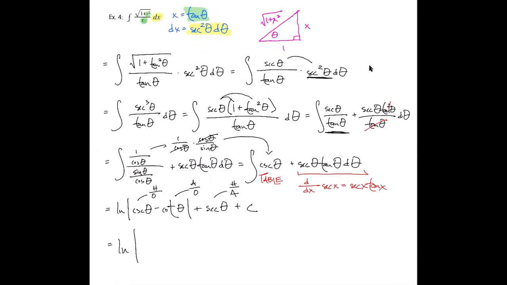So we'll end up with hypotenuse over opposite minus adjacent over opposite plus hypotenuse over adjacent plus c.